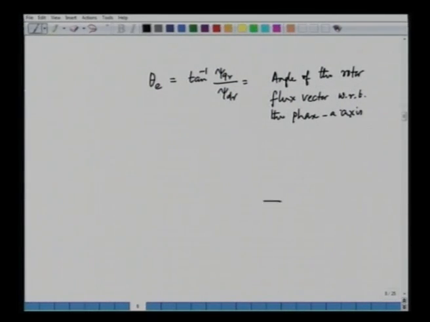So, if we have phase A axis here, these are the 3 phases of the machine, and we have the rotor.